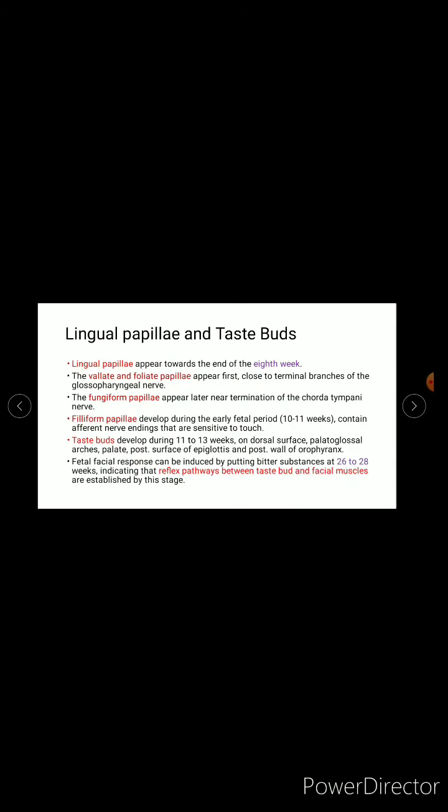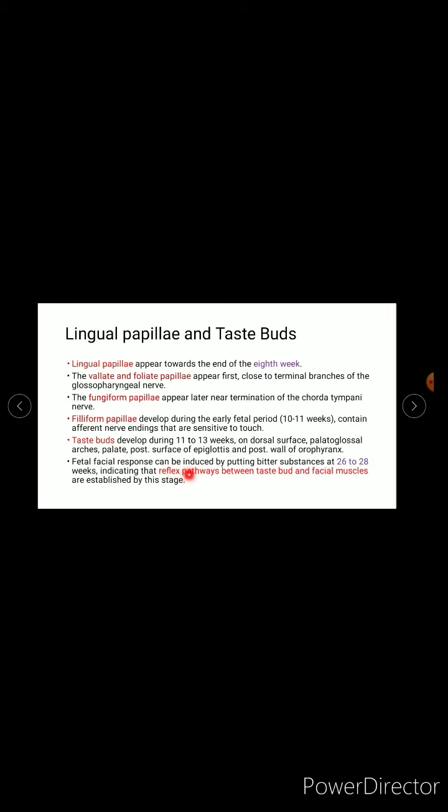The most common papillae, the filiform papillae, are thread-like and develop during early fetal life, at 10 to 12 weeks, and contain afferent nerve endings that are sensitive to touch. The taste buds develop during 11 to 13 weeks on the dorsal surface of the tongue, palatoglossal arch, palate, posterior surface of the epiglottis and posterior wall of the pharynx.